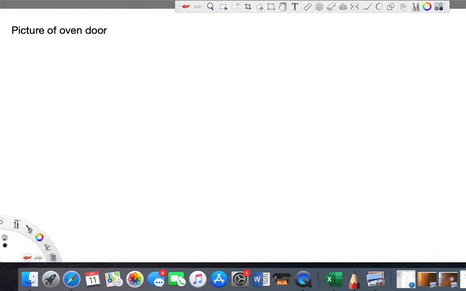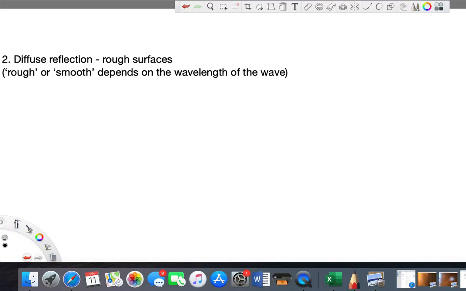I've also got diffuse reflection. So, diffuse reflection is where the surface is rough. Now remember I said rough or smooth depends on the wavelength of the wave. So for light, it doesn't have to feel rough to the touch for it to be rough, because the wavelength of light is so short.